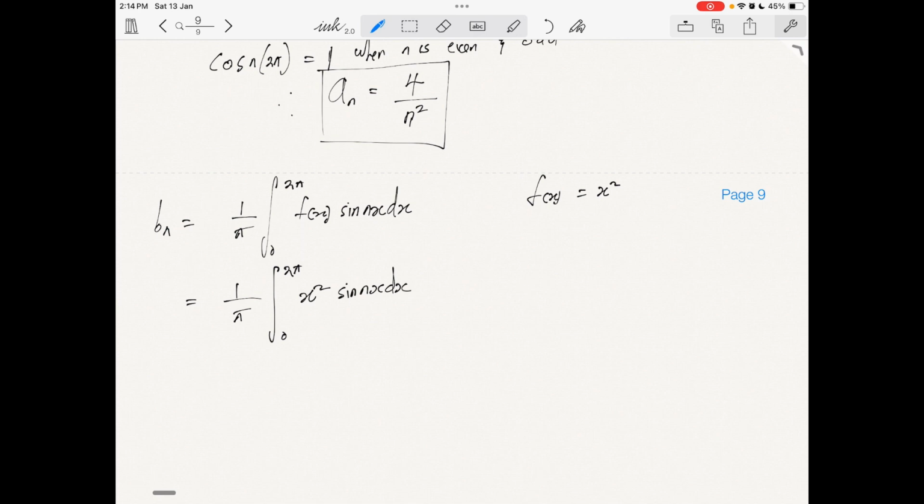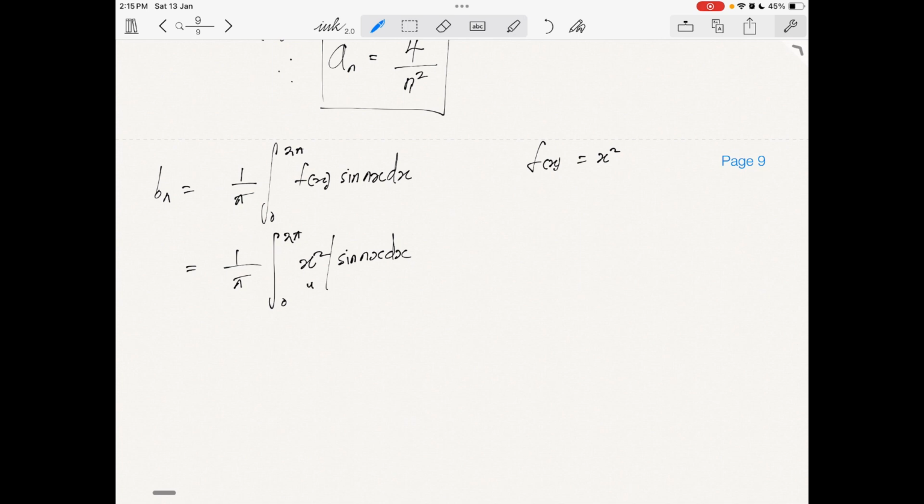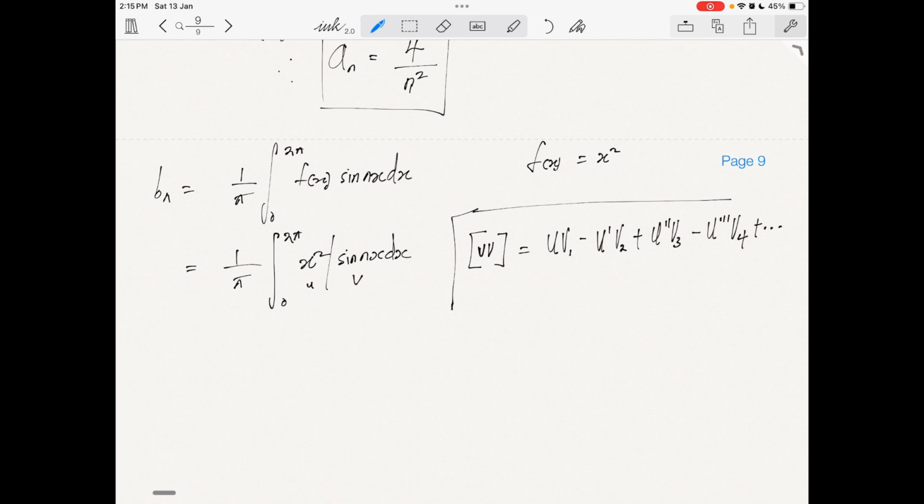As usual, this is integration of two terms of u and of v, which brings us back again to the process of integrating uv to be equals to u v1 minus u prime v2 plus u prime prime v3 minus u prime prime prime v4, and it continues.